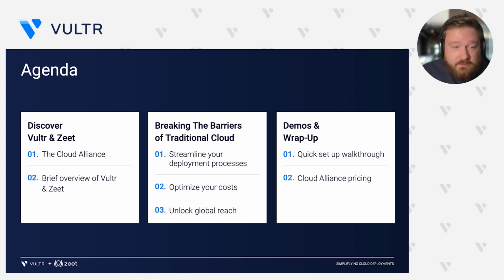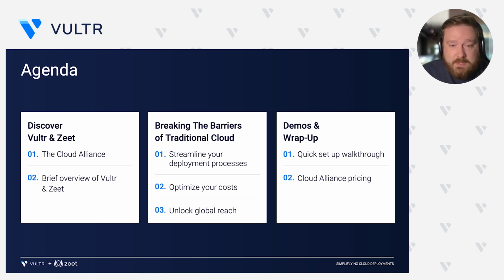Before we jump into things, just a really quick agenda. We are going to talk about the Cloud Alliance and what that means. We're going to talk about Vultr and give you a brief run through of our products and services. Same as Zeet, they will give you a brief run through of everything.